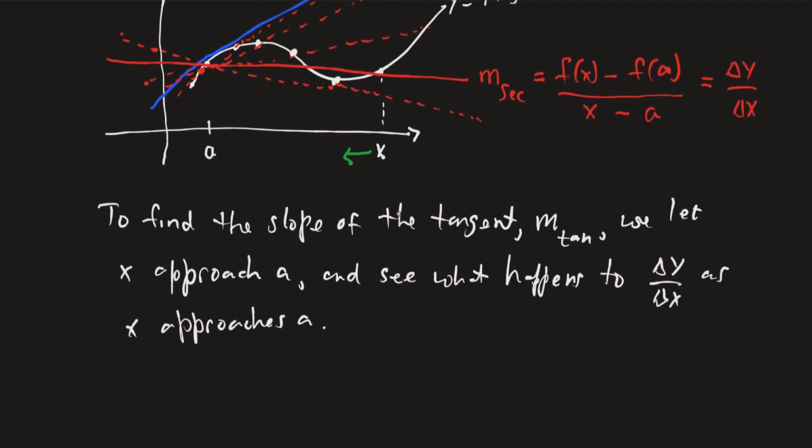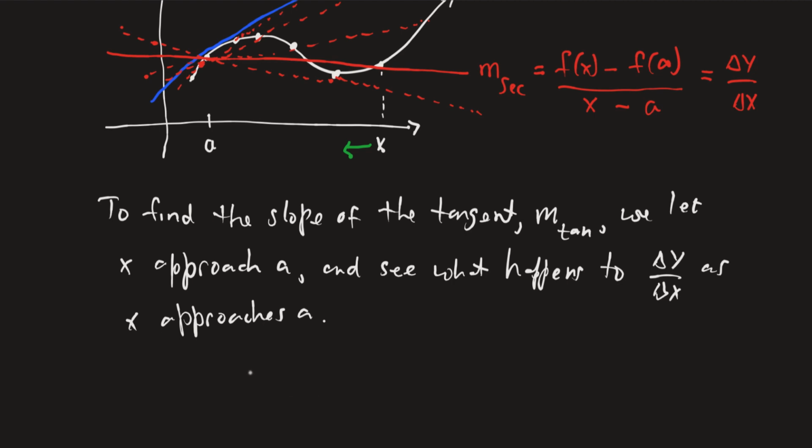So the slope of the tangent line, so let's write that down. So m sub tan, it's like you start out with a regular difference quotient, but then what you let happen is you let your x variable get closer and closer to a, and that is a limit.